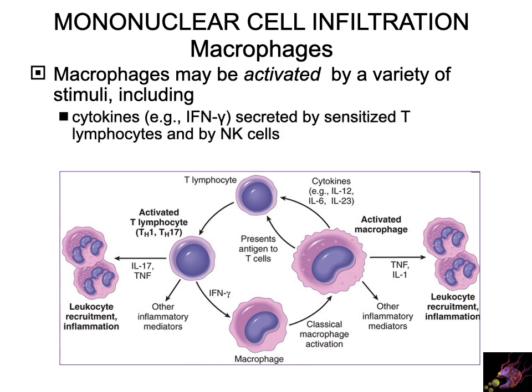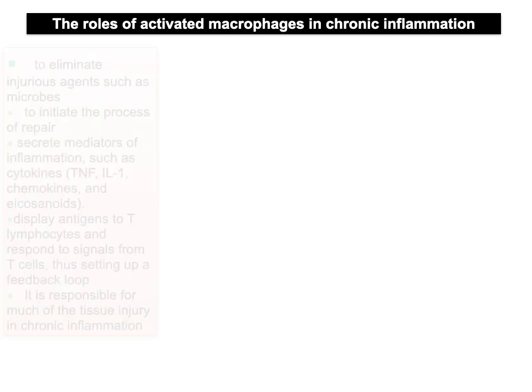Okay, now they can be activated by cytokines, and the most important cytokine that activates macrophages is called interferon gamma. Okay, interferon gamma. Interferon gamma activates monocytes to become macrophages. Okay, bacterial products can also cause activation. Okay, now why do macrophages have to be activated?